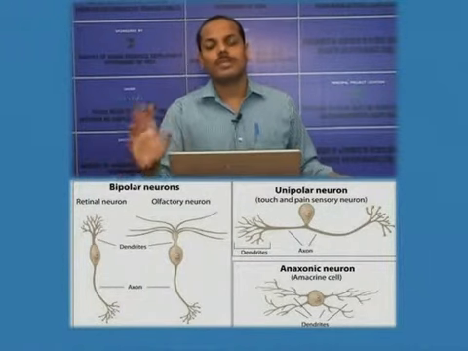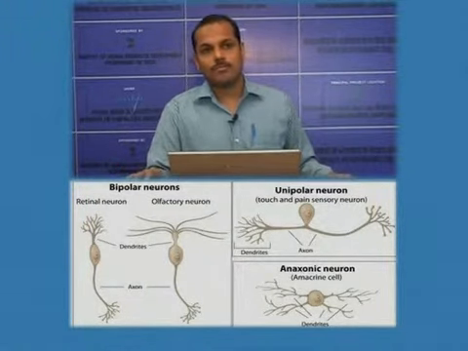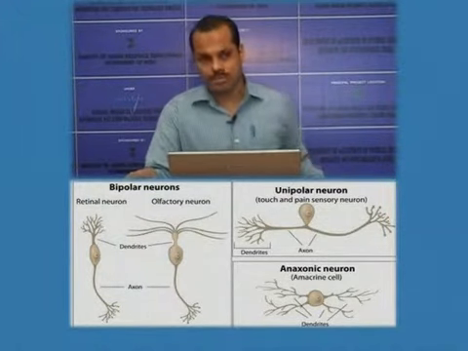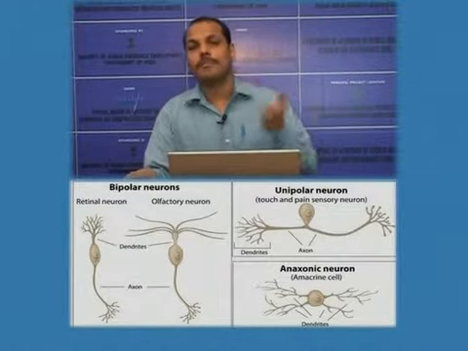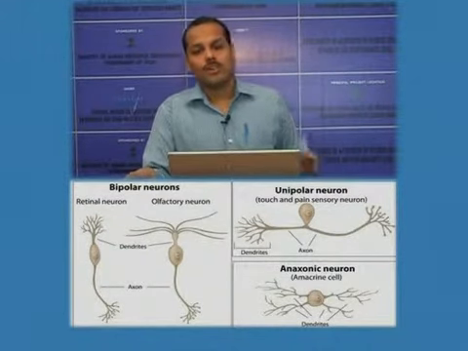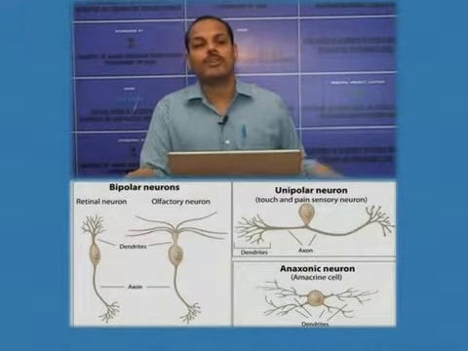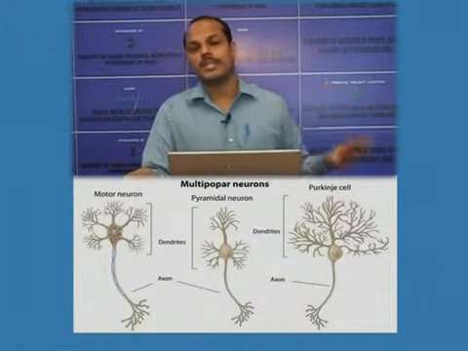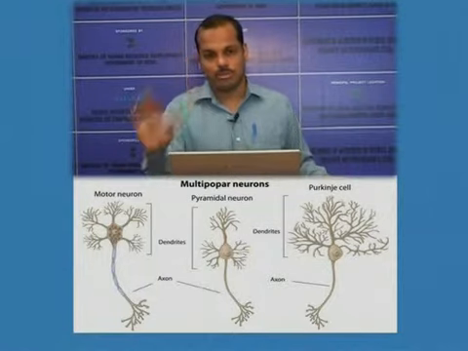Now, if two extensions are there, one axon and one dendrite, this is called bipolar. Now, there is another type of neuron called the multipolar neuron. A multipolar neuron has many dendrites and usually one axon.